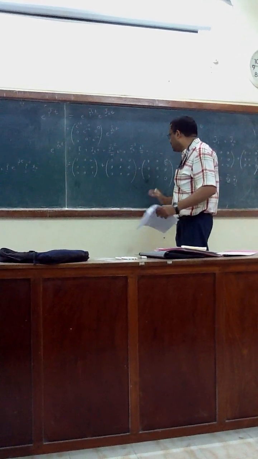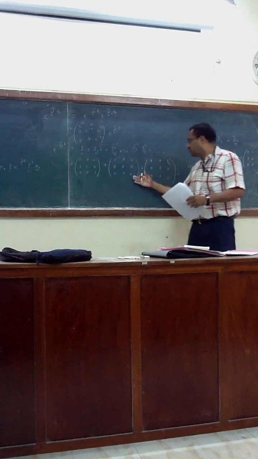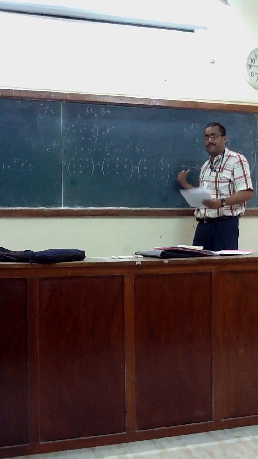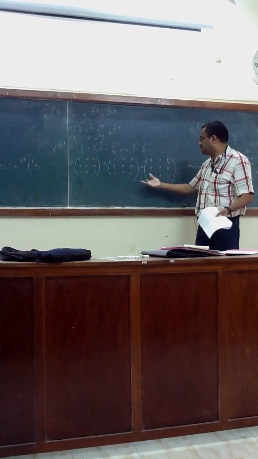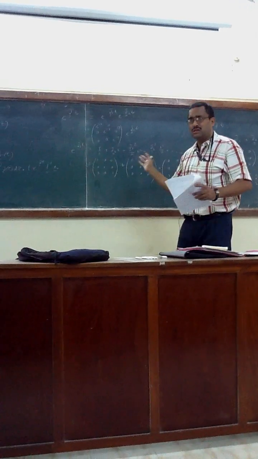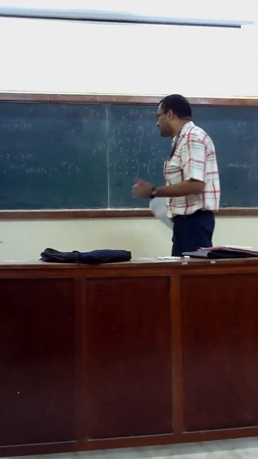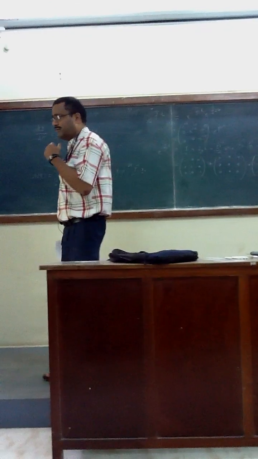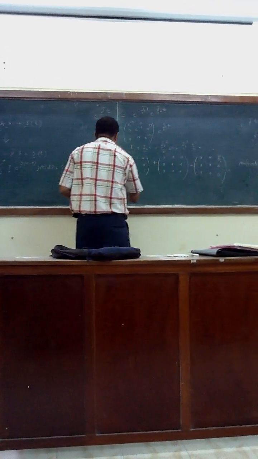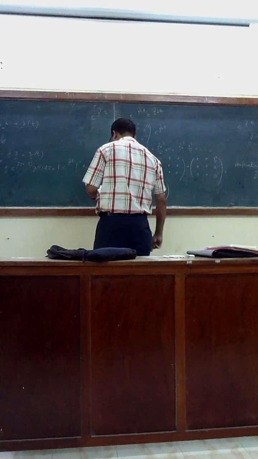For a 4 by 4 matrix we have to do one more step, for 5 by 5 another step. 3 by 3 means only 3 steps. So for a smaller number of systems, this method will work fine. For larger systems, this method is again tedious, and then you have to go for the direct method. So how much is equal to our e to the power J2t? Anybody can give any answer?